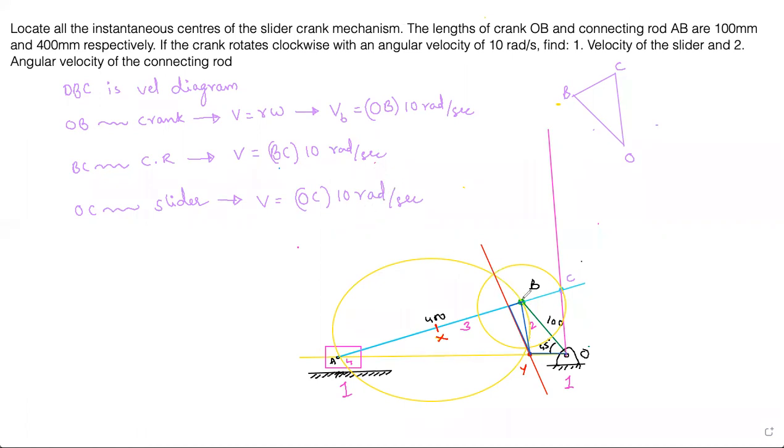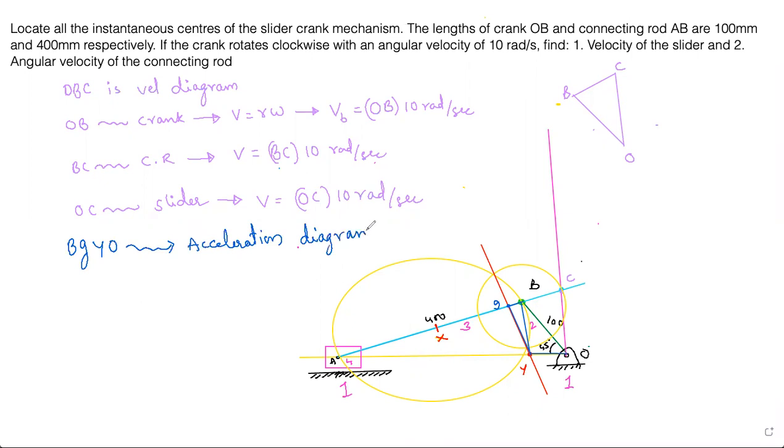I'll write it down also: O, and then B, and let's take this point as G, and Y. Here B, G, Y and O, this is your acceleration diagram.